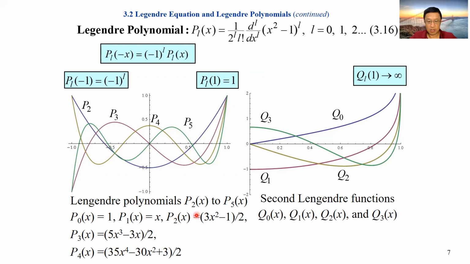So Legendre polynomials, in some sense, look like sine and cosine. That's the second Legendre function. That's why we don't use Q very often, unless the geometry is specially designed and you have to use Q. For most cases, we don't have to do that.